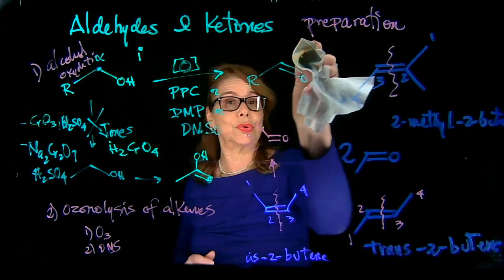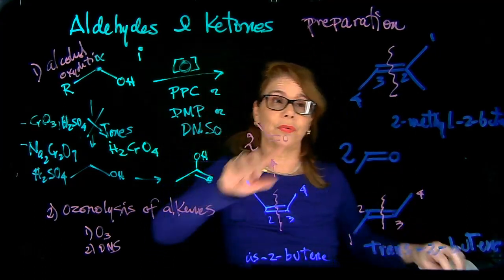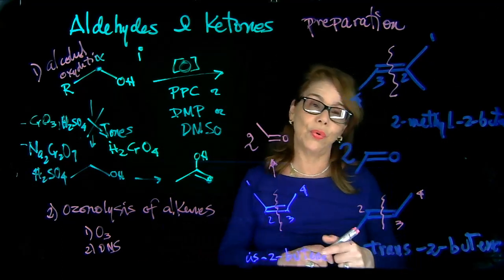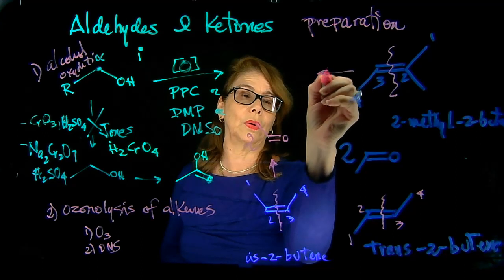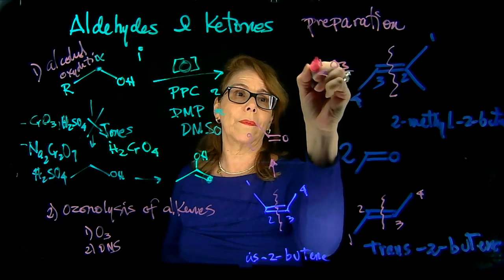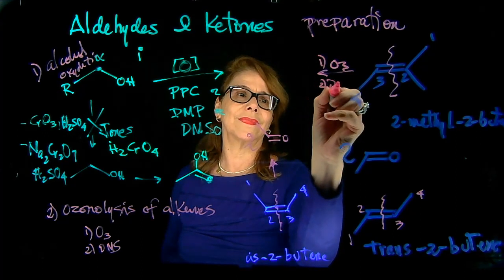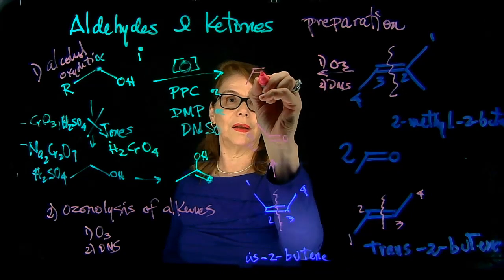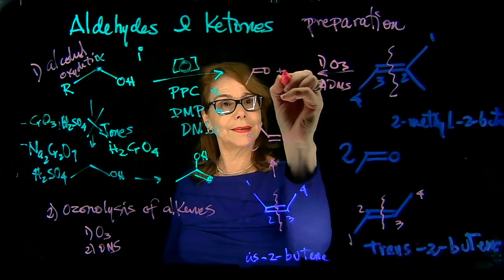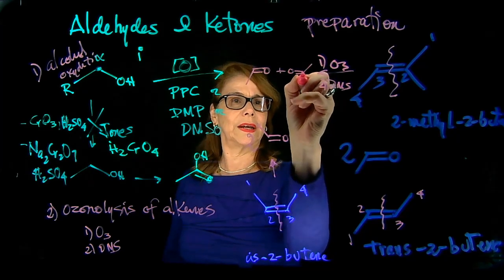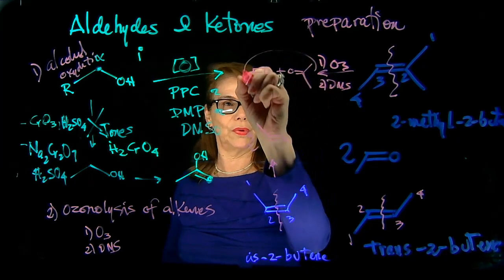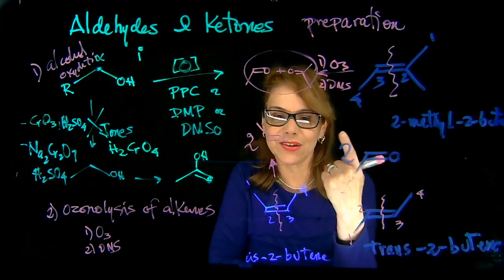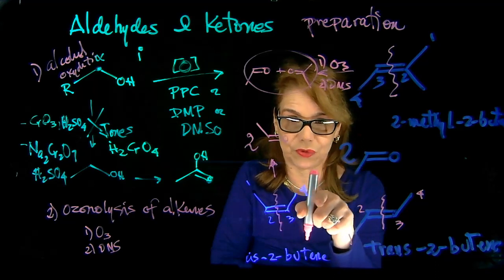You're going to get 2 different things because the substitution on this side of the double bond is different to that. So you are going to get by ozonolysis 1 mole of acetaldehyde, and you're going to get acetone. So 2 different products. So if you want to have one product, you need to have symmetrical substitution.